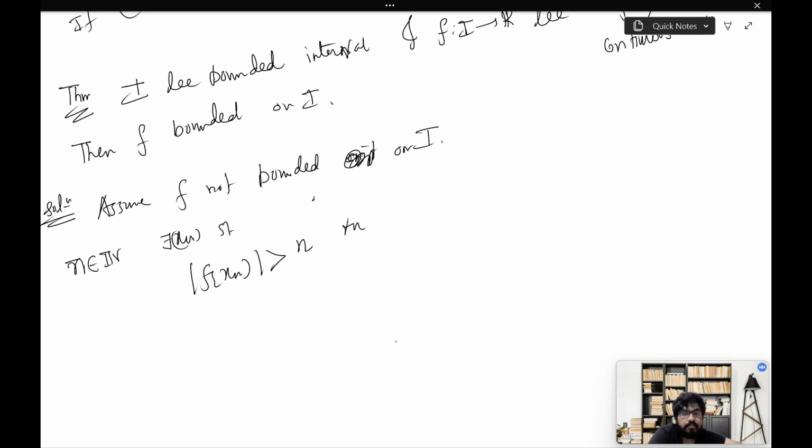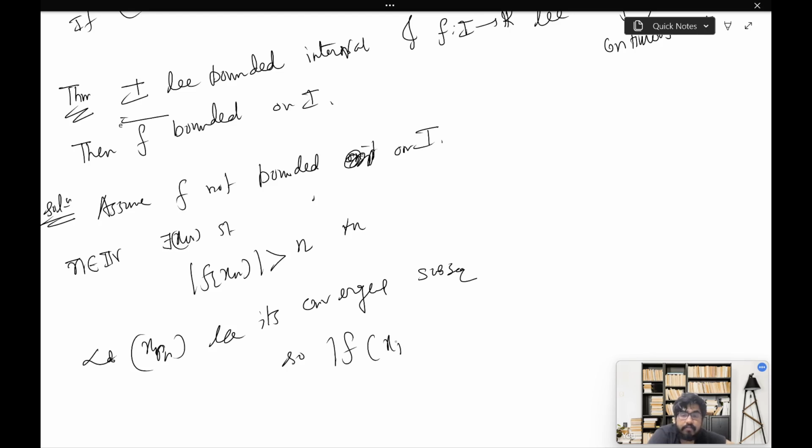Now I is bounded, so it has a convergent subsequence, by the Bolzano-Weierstrass theorem. So let x_rn be its convergent subsequence.